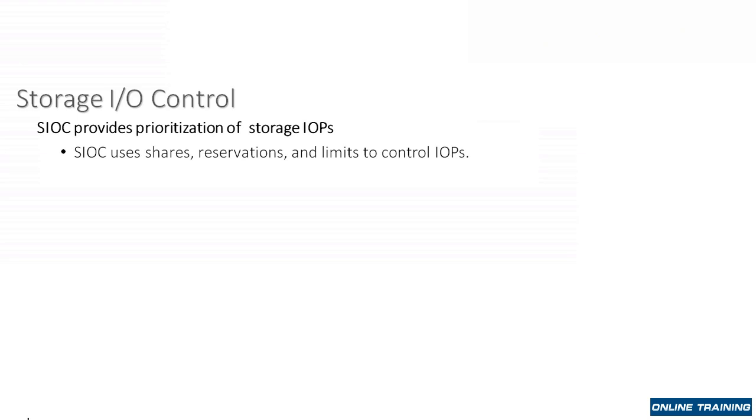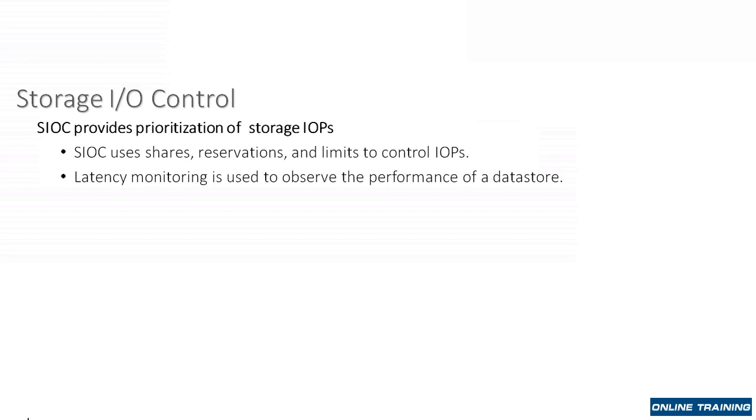And what storage I/O control does is it uses shares, reservations, and limits to control and prioritize certain VMs over others. It'll monitor the latency of data stores to determine when to actually enforce this prioritization.